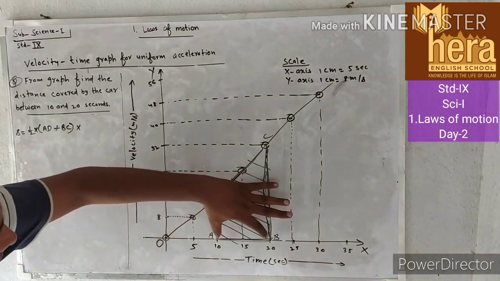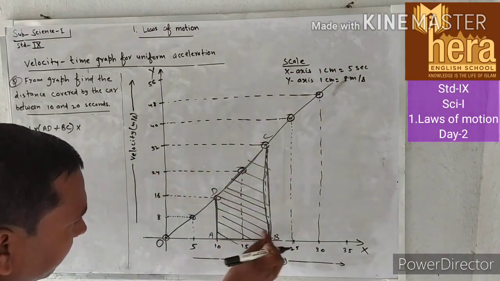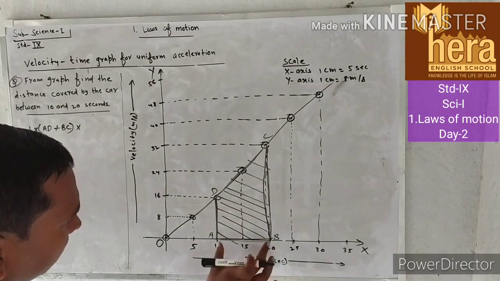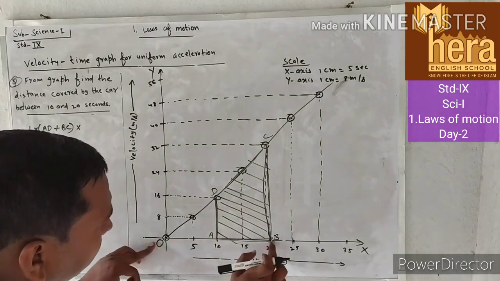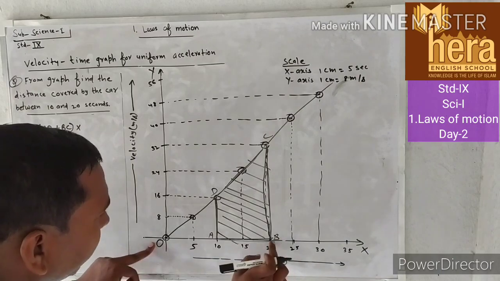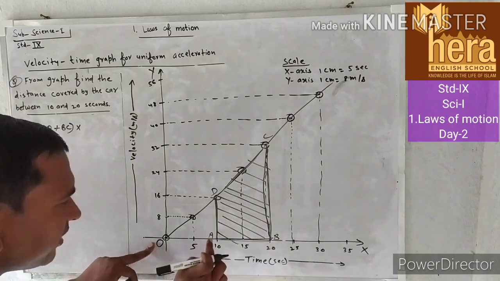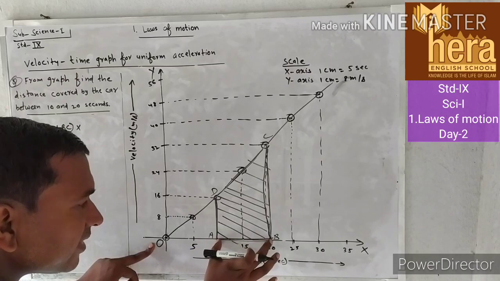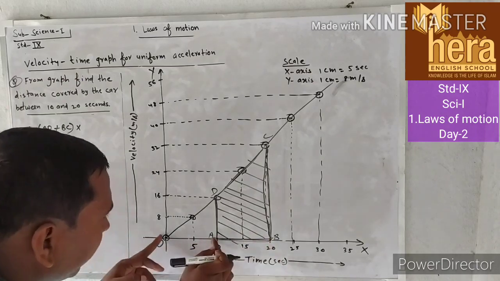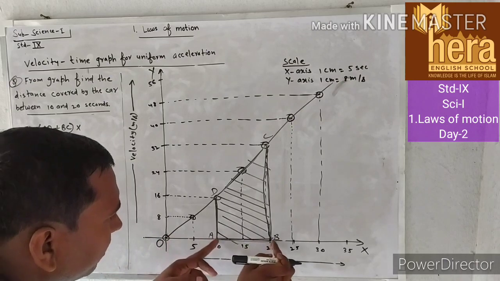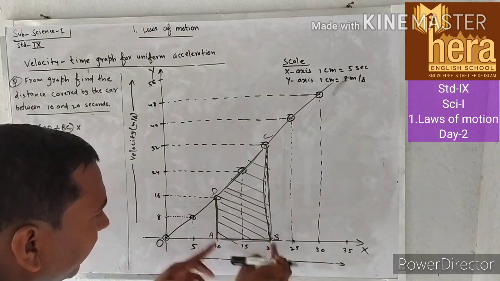This is the height, this interval. So see, here from 0 to 20 is 20 and here from 0 to 10 is 10. So this distance will be equal to 20 minus 10, that will be equal to 10. So this interval is of 10.